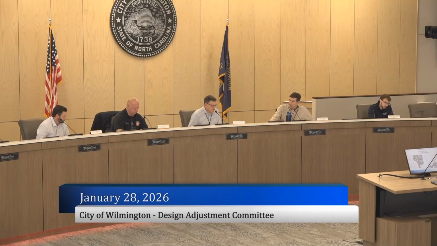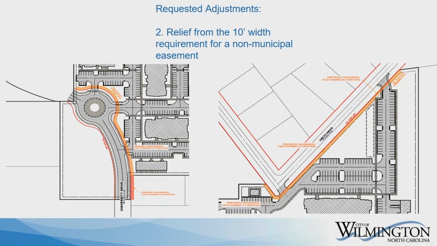But if the non-municipal easement extends a couple of feet into a sidewalk area or a drive aisle, obviously the non-municipal utility companies are going to want to put their utilities in the path of least resistance. I don't know that I see an overwhelming need to reduce the non-municipal easement, especially along University.